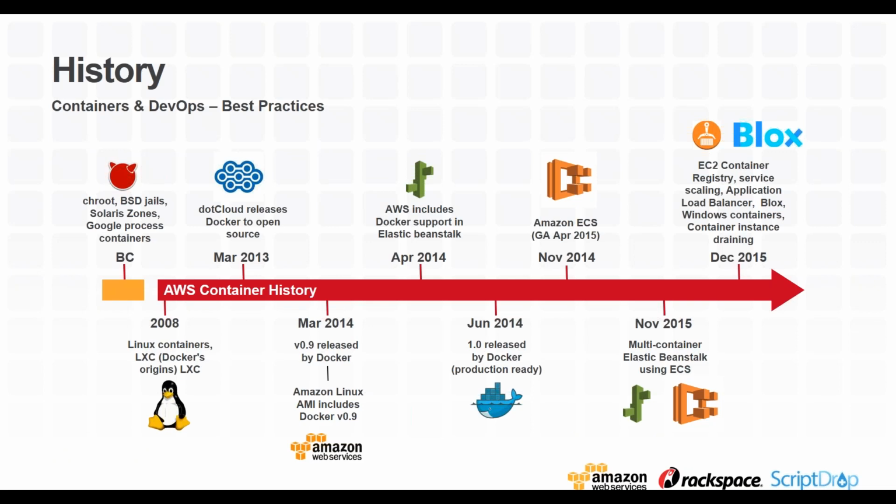Their origins go back to BSD jails, Solaris zones, well back into the 70s when we were working on things like chroot and process isolation, and the evolution of distributed computing in general, from individual servers to virtual machines, and now to containers. Effectively, OS virtualization is a logical one that's been a long time in coming. So the fact that we're using containers now is really just a matter of evolution, just like other changes that we've seen in the industry.